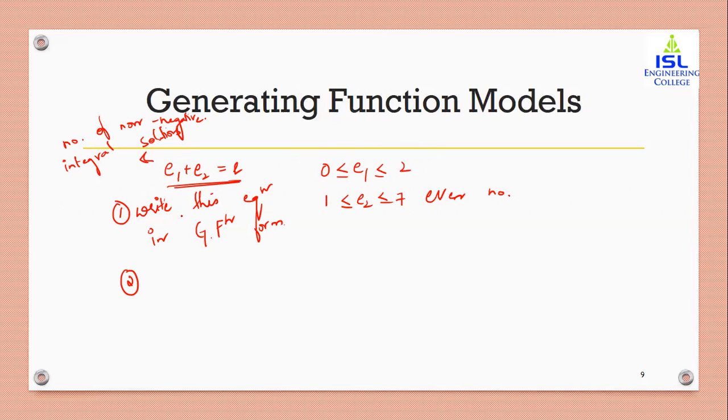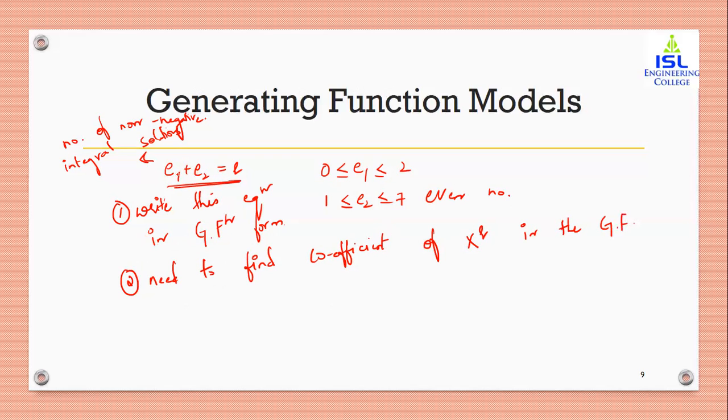So in this case, we are writing this equation in the generating function form. And the next thing is we need to find the coefficient of x power r in the generating function.